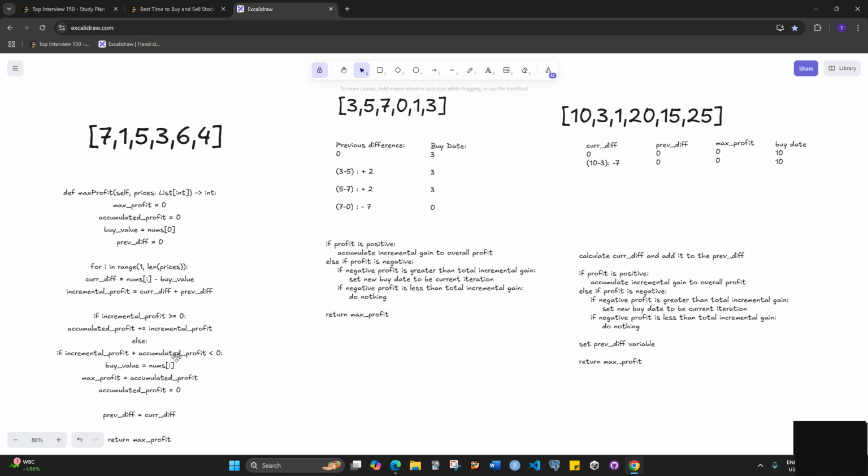Max profit equals accumulated profit, which is just 0 in this case. We reset accumulated profit. Previous diff is going to be -6. Okay, cool. And then for the next iteration, current diff is going to be +4, incremental profit is going to be 4 minus 6.